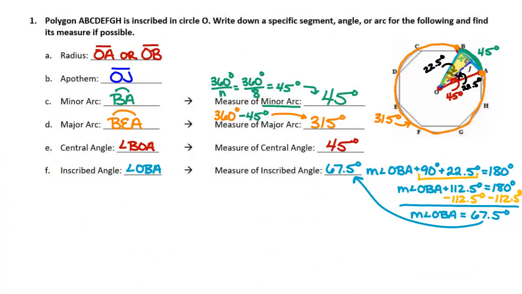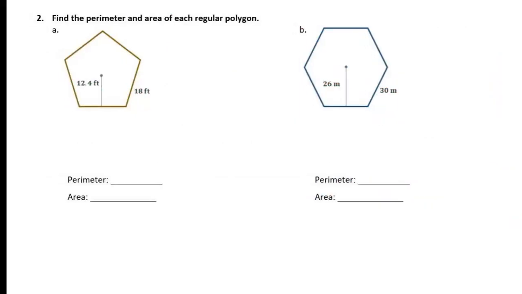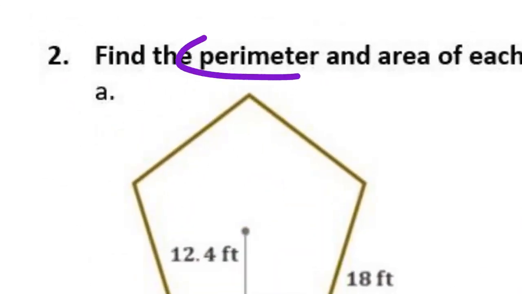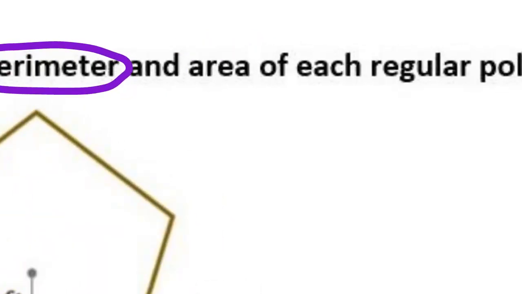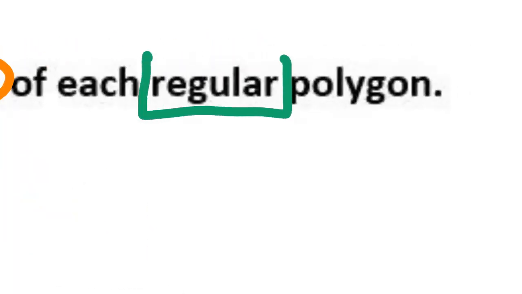All right. Let's look down at number 2, parts A and B. We are supposed to find the perimeter and the area of these regular polygons.